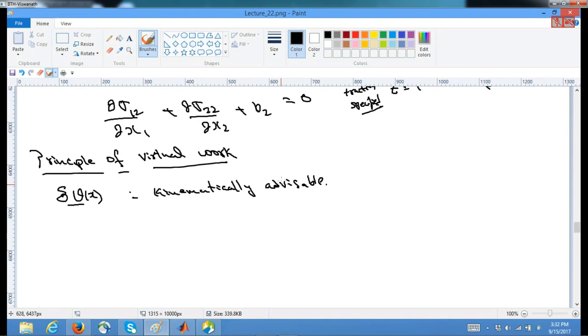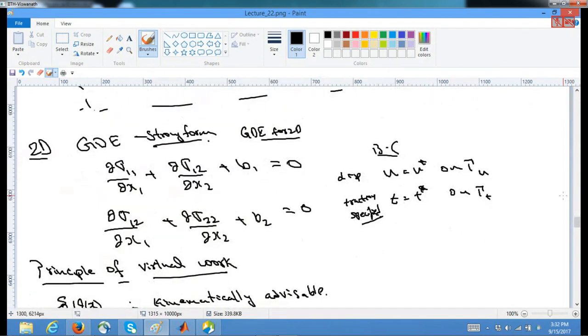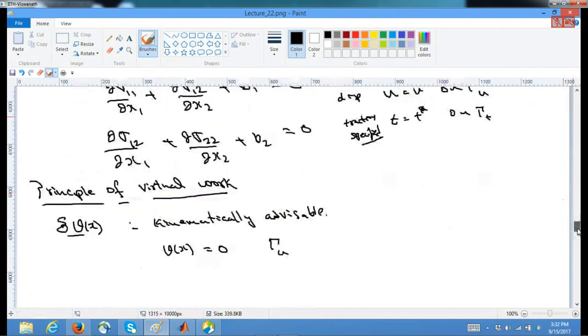A thing is called kinematically admissible if v of x equals 0 on gamma u.